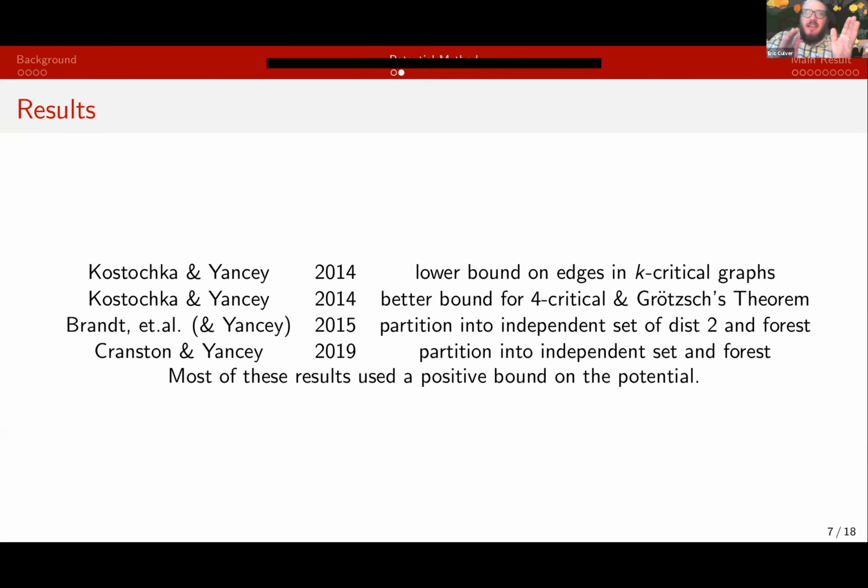So essentially, saying the potential is strictly bigger than 0 gives you that maximum average degree bound, but saying that it is bigger than a positive number kind of gives you that you can remove a few edges and you're still bounded by the same maximum average degree. And that's how they were able to use the potential method: we can remove some of these edges and still we're within the bound. And that's how they were able to prove these results.